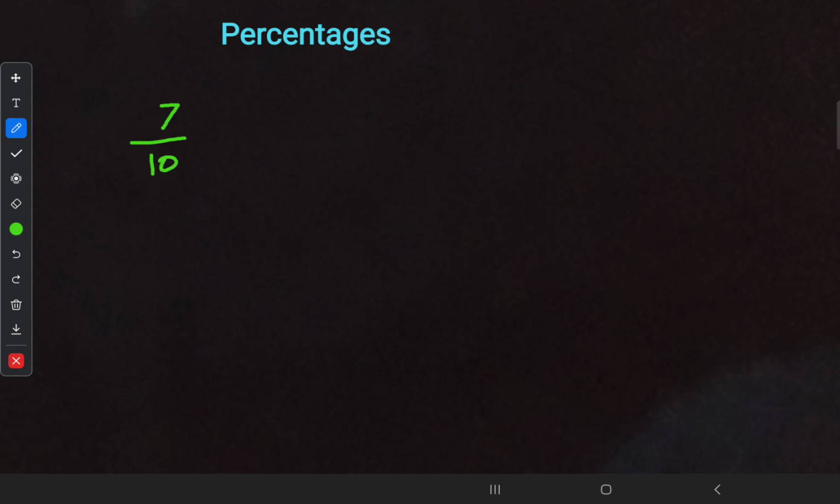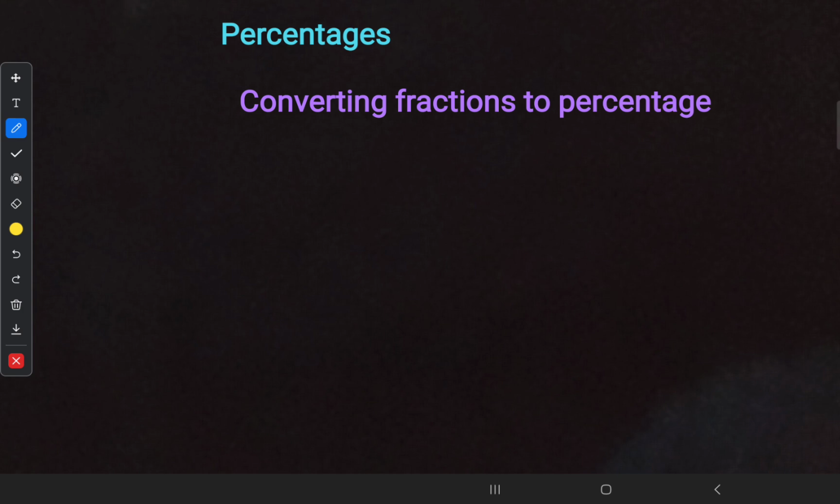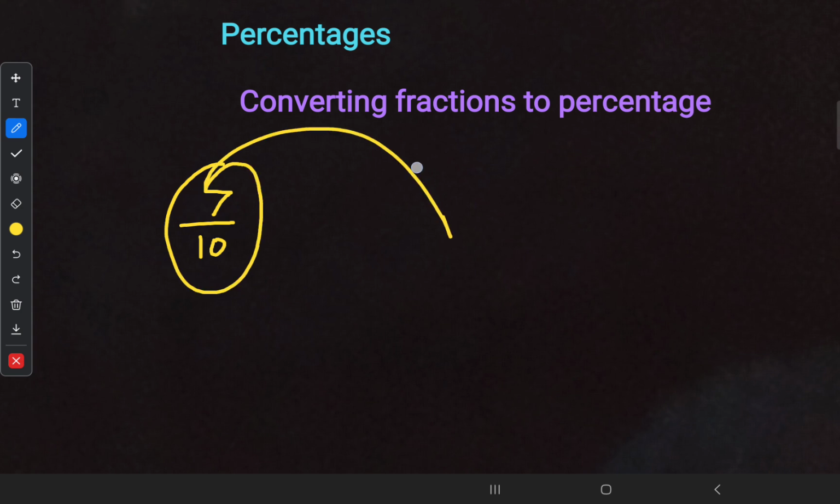You are going to convert the given fraction to a percentage. Now we are doing our topic, converting fractions to percentages. 7 upon 10, we are going to convert it to a percentage. Converting fractions to percentages, that's our task.